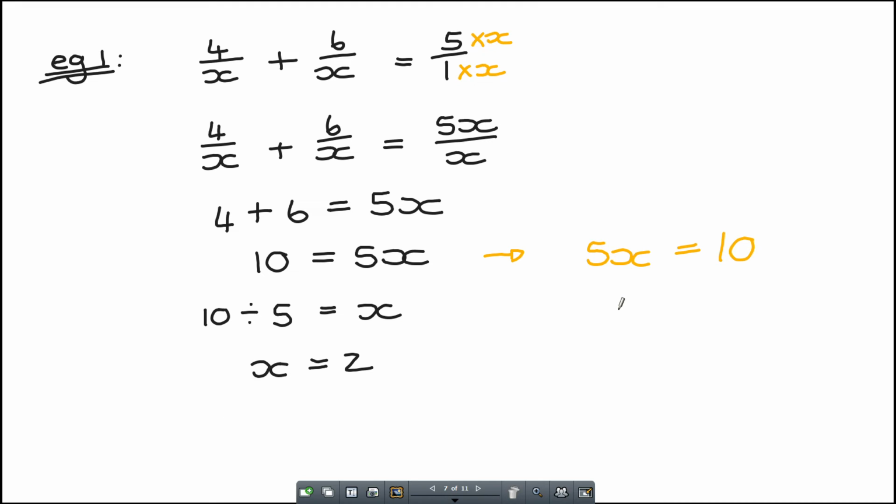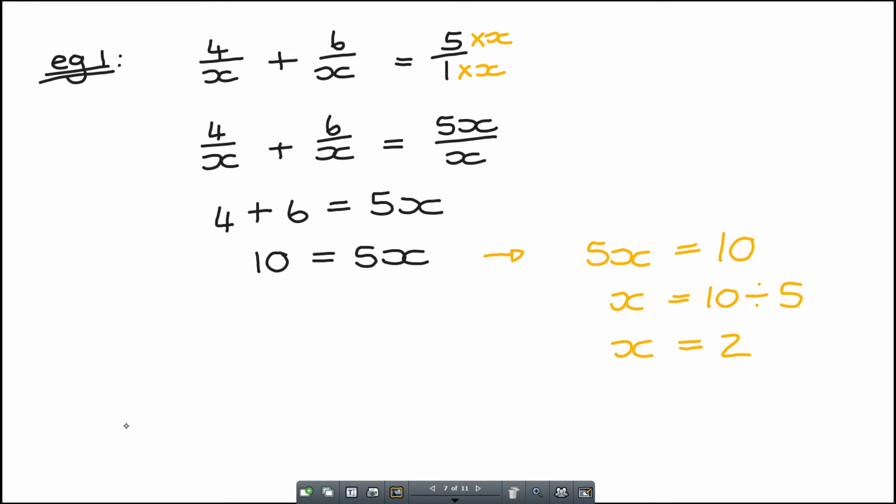Then from here, I'd say x is equal to 10 divided by 5. And then x is equal to 2. Like that. Okay. Right. Everyone fine? Any questions? Okay. Let's try a nice simple one.